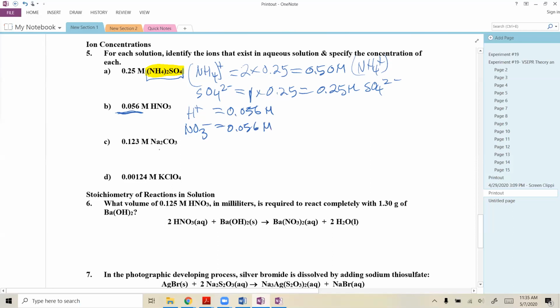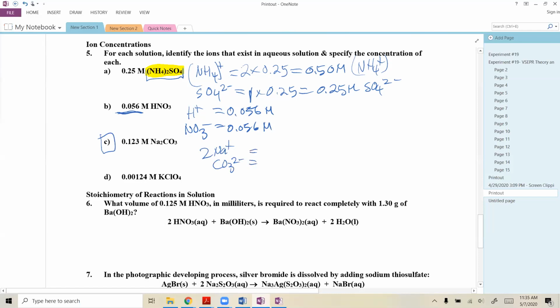Now for C, what ions do you guys have present for C? We're talking about C, right? C. Mm-hmm. So 2 Na plus and CO3 2 minus. Right.